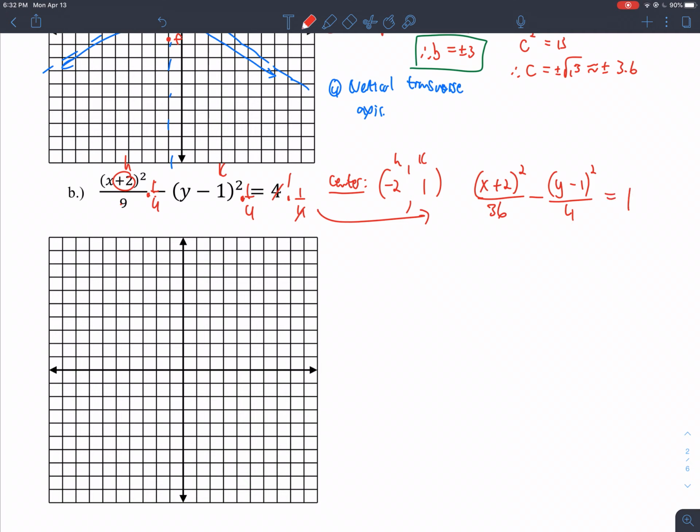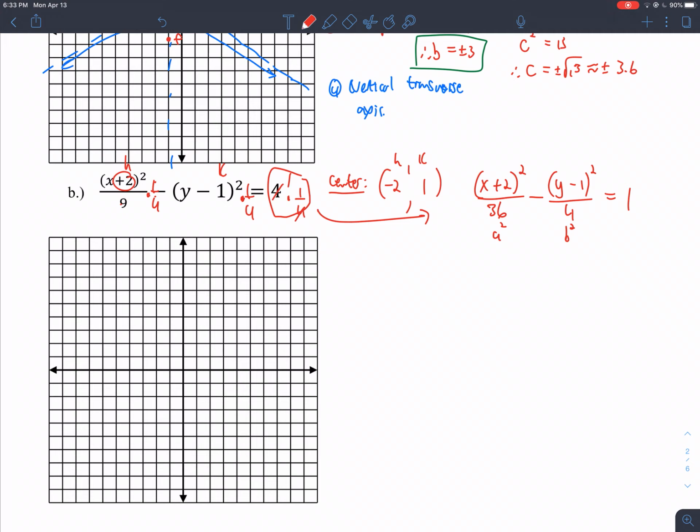Big problem here was I almost did this question without putting it in standard form. Cannot be equal to 4. Ellipse hyperbola equations must be equal to 1. All right. So that's what I have. As you can see, the center didn't change, fortunately, but a squared and b squared definitely did change. Okay, they're definitely different numbers.